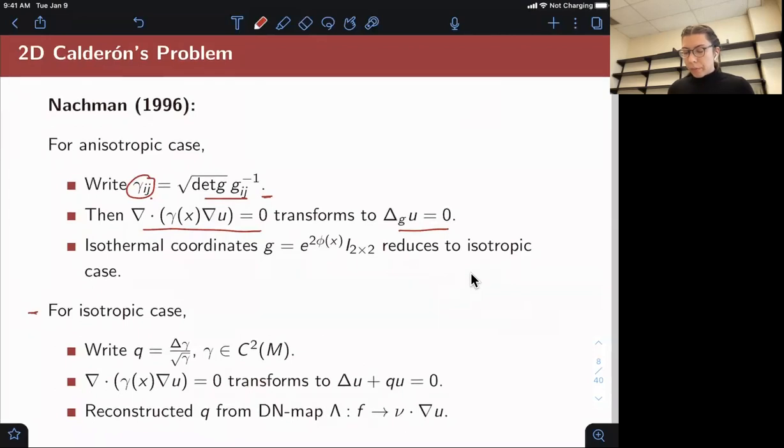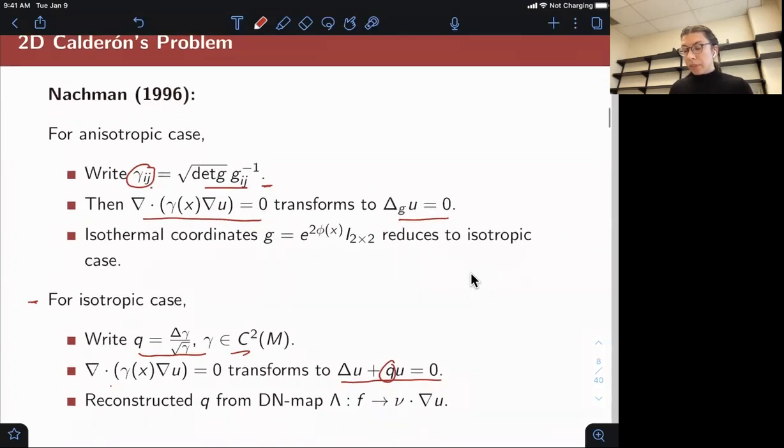So in that isotropic case, what Adrian did is he made a little transformation, if I'm looking at smooth enough conductivities, and showed that this conductivity problem then transforms into a Schrödinger equation on the manifold. And then what he did is reconstructed this potential for the Schrödinger equation from the Dirichlet-Neumann map for smooth enough conductivities in this case.